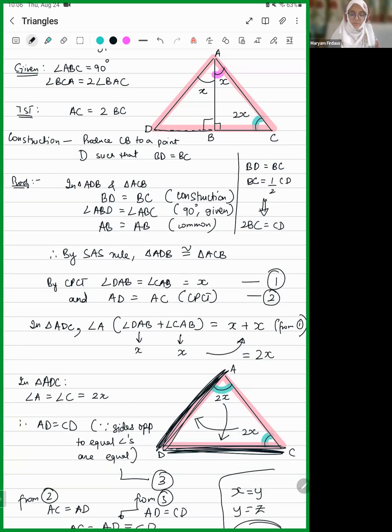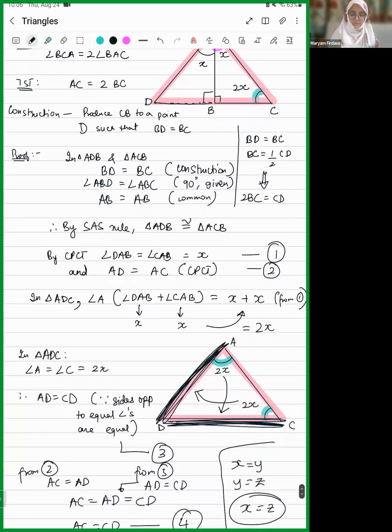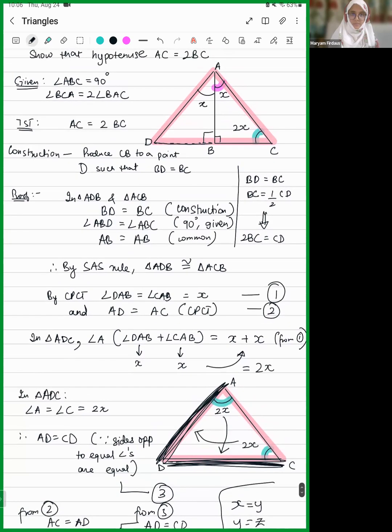Okay. Ma'am, can you show the figure? Yeah. So in the triangle ADC, we see that there are two triangles.